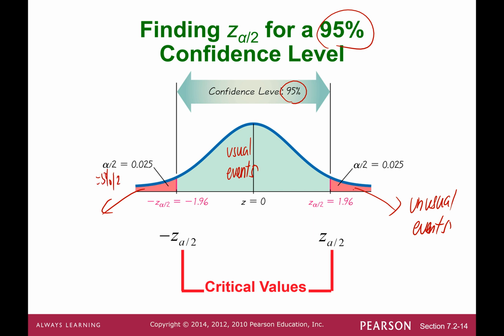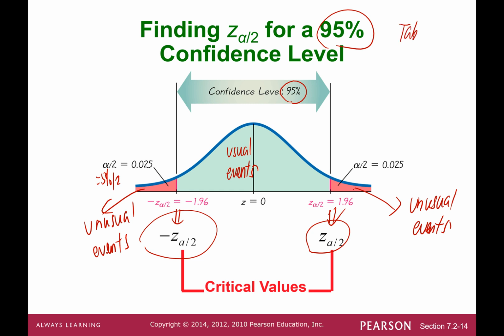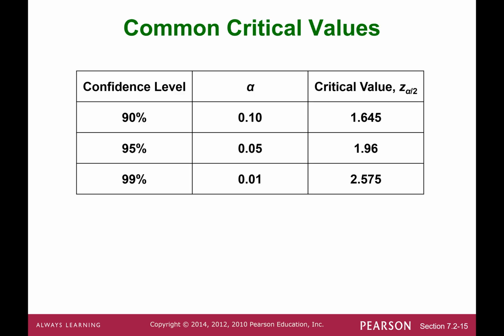That becomes 2.5%, which is 0.025. Those two are called critical values: positive 1.96 and negative 1.96. You can easily find them in Table A2, on the second page, bottom right-hand corner.